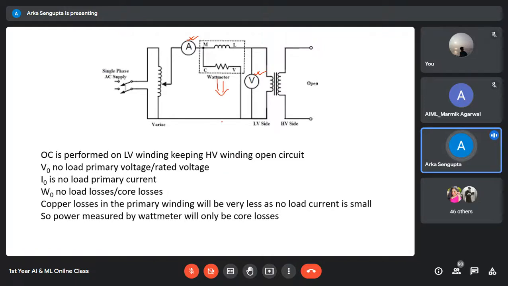And one is the no load current, that is I naught.